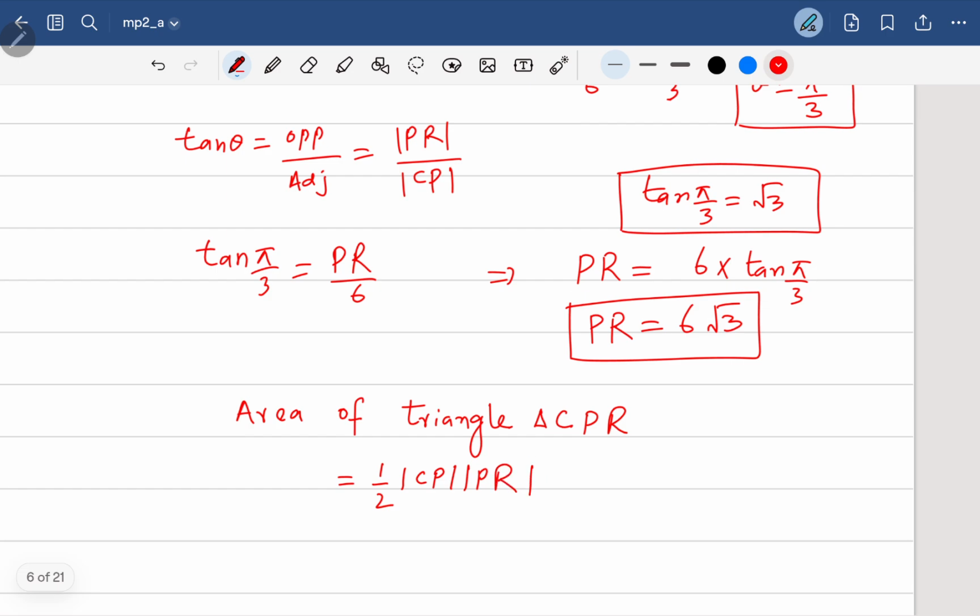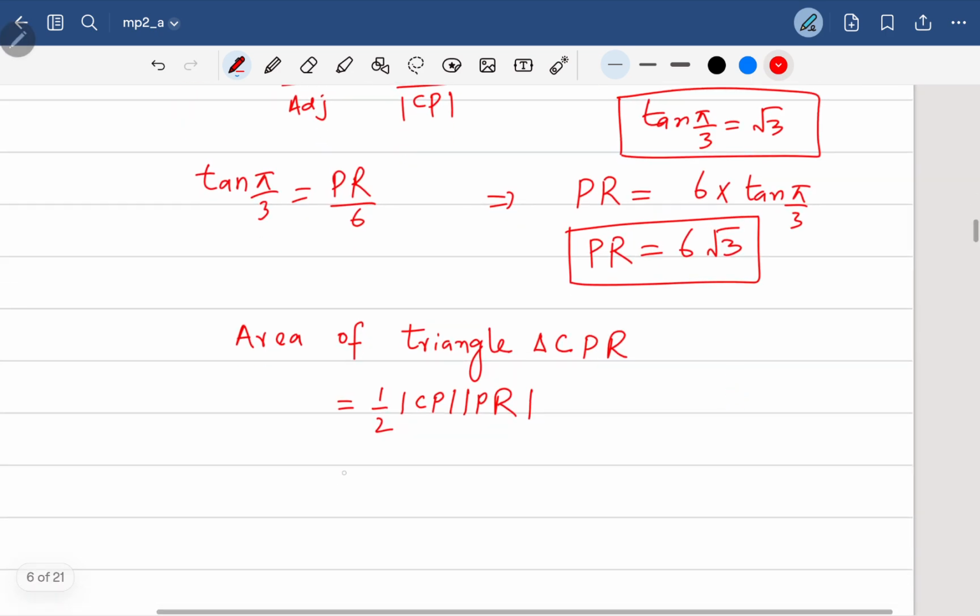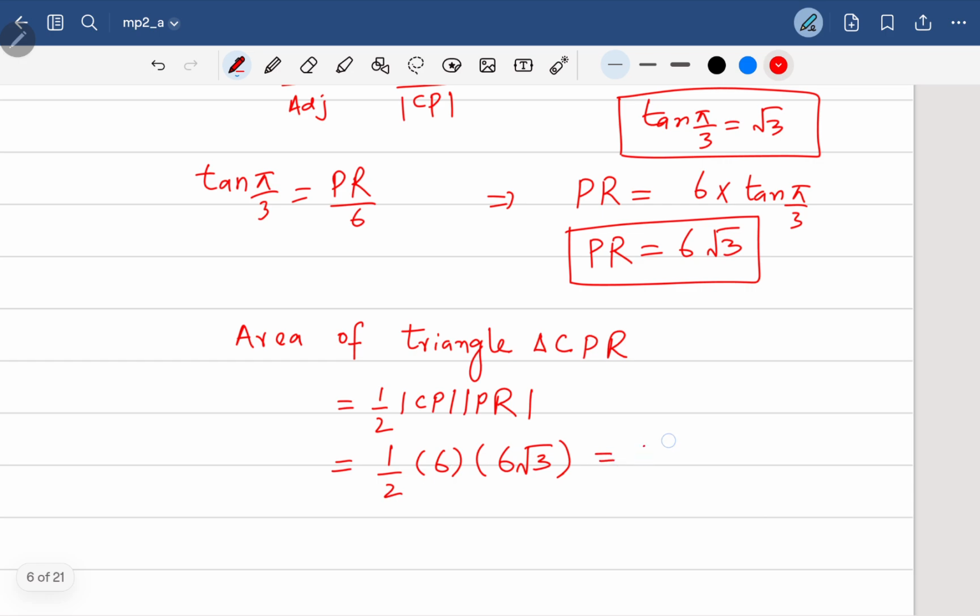So if you substitute the values, we know CP is actually the radius of the circle. The value of CP is 6, which is given in the figure, and the value of PR we already worked out, which is 6 root 3. Okay, so if we simplify this, 6 divided by 2 is 3, 3 times 6 is 18, so it should be 18 root 3, which is the area of the triangle.